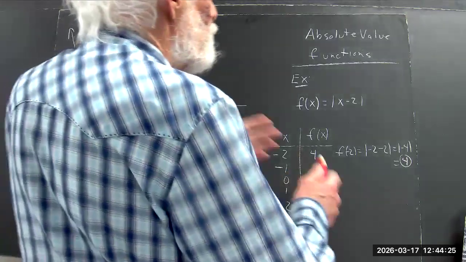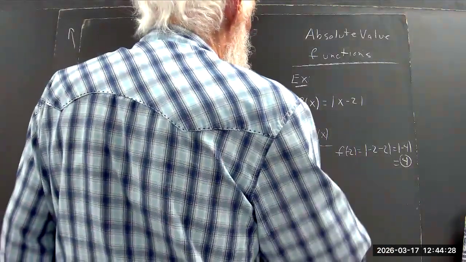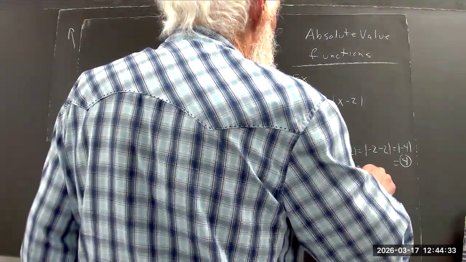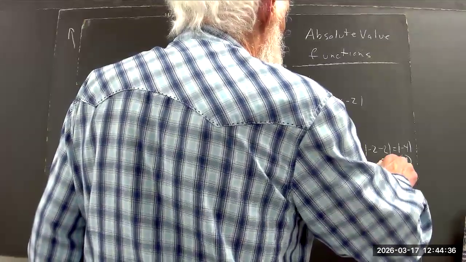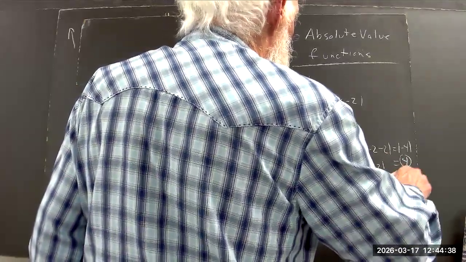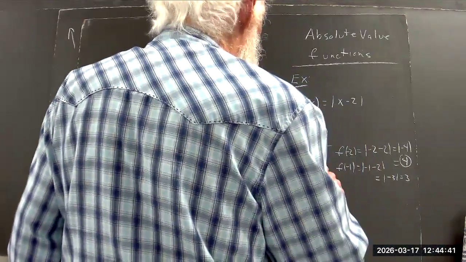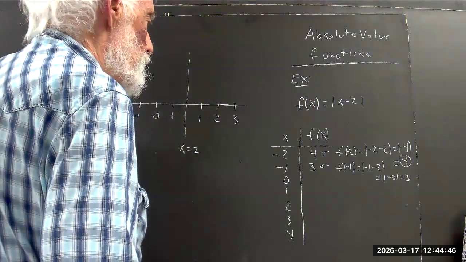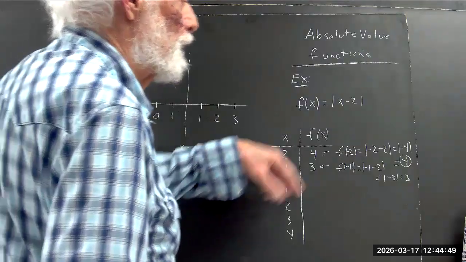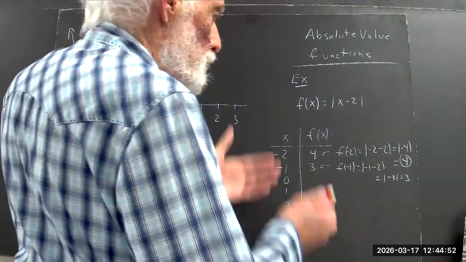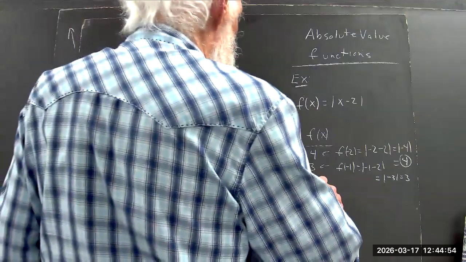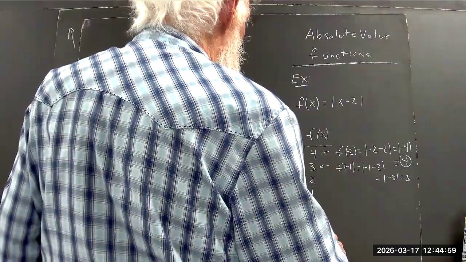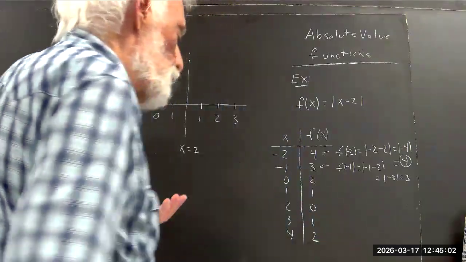In any case, if we do this now for these numbers, we'll just do f of -1. The absolute value of -1 minus 2, which equals absolute value of -3, which equals 3. So we're going to get 3 here. If x equals 0, we get 0 minus 2 is -2. The absolute value is 2. And we pretty quickly see the pattern, but we want to confirm the pattern.